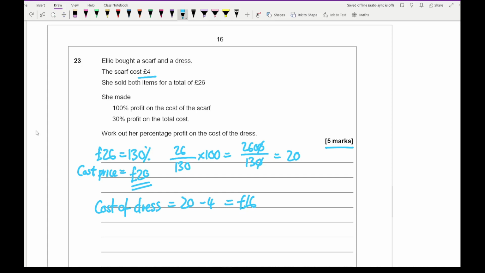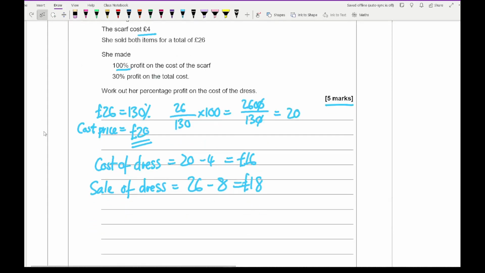Now we know that the sale price of the dress is going to be 26 minus, well, 100% profit is going to be selling it for £8. So that's going to be £18. And so then what we need to do is work out the percentage profit. So it's going to be the difference between these two numbers.